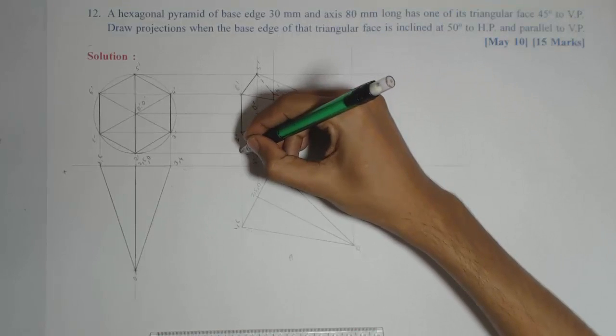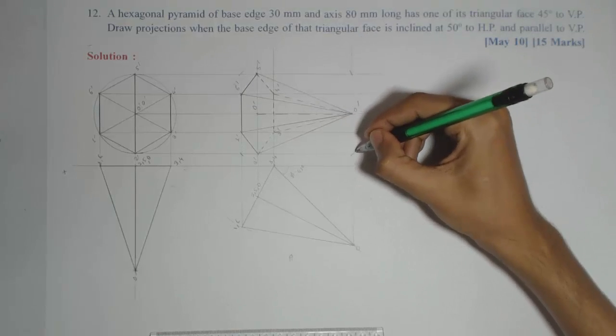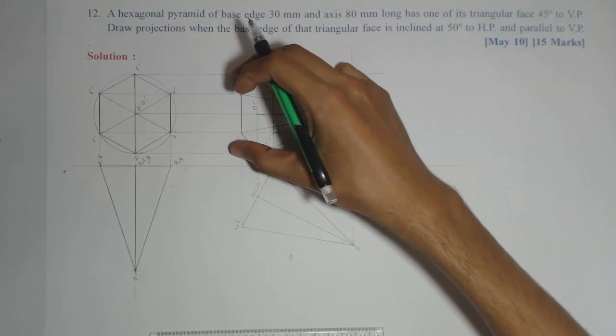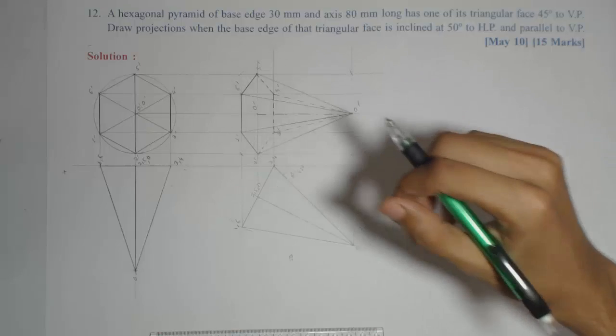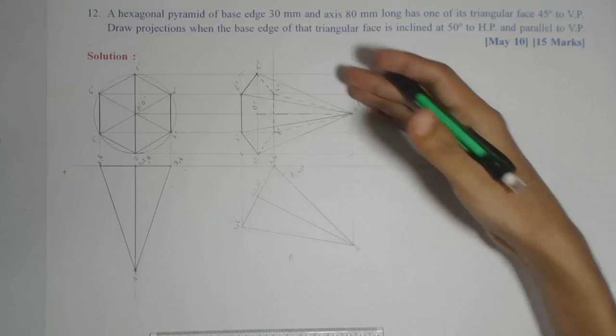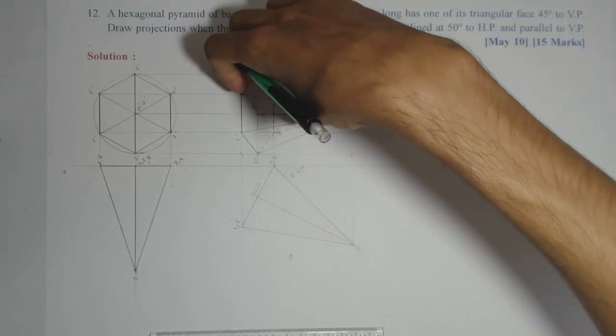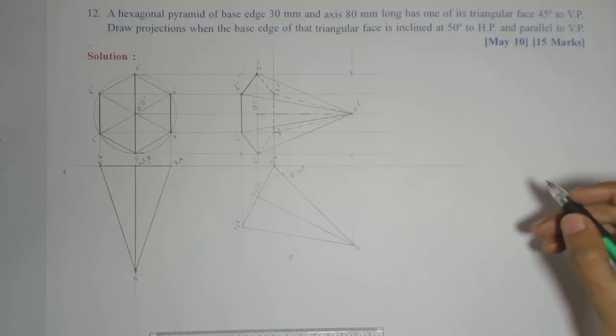While following the rectangle method, if we make this boundary of the rectangle inclined at 50 degree, then obviously we will get 3 dash 4 dash also inclined at 50 degree because those two lines are parallel to each other. So I'll start with this boundary of the rectangle inclined at 50 degree, then we'll rotate the entire diagram in anti-clockwise direction.